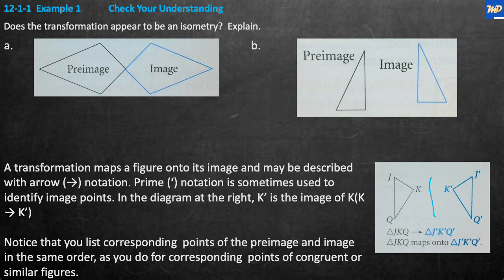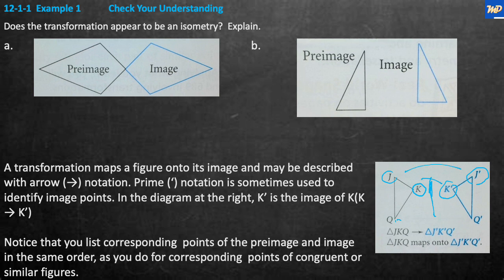Notice that you list corresponding points of a pre-image and the image in the same order as you do with the corresponding points of congruent or similar figures. So, of course, what they're saying here is that if we're calling this K, and it's the closest point to this line, then this is K, right? You see it. J is over here, up at the same height over here. They're like distance measurements apart, right?